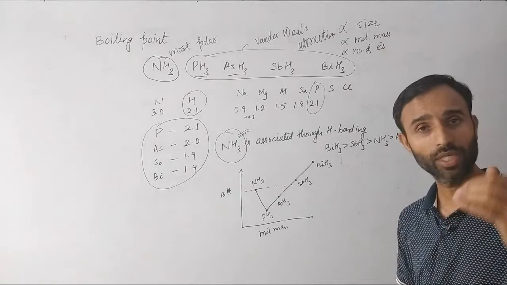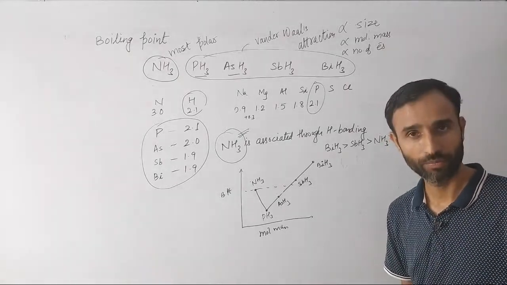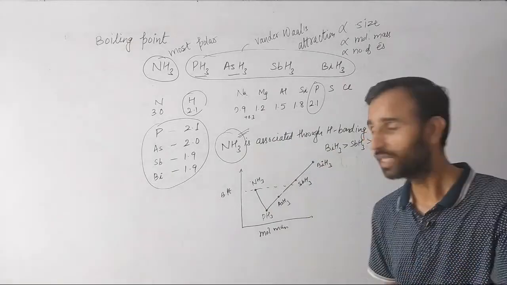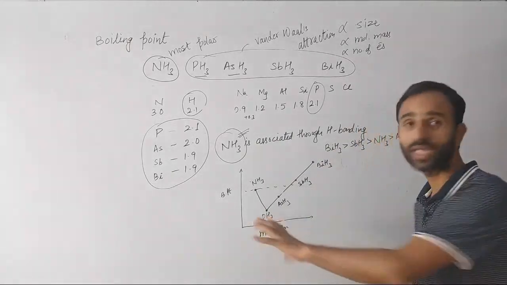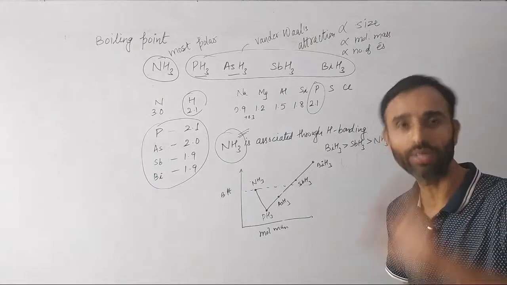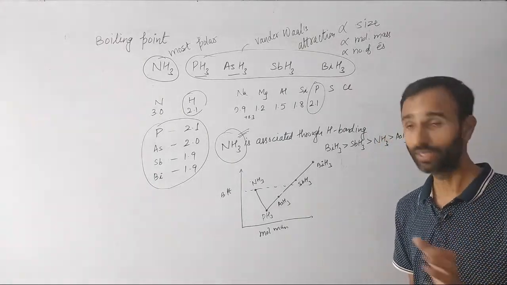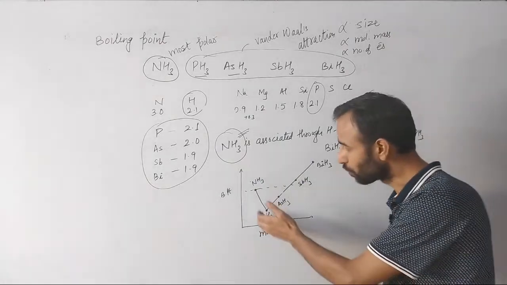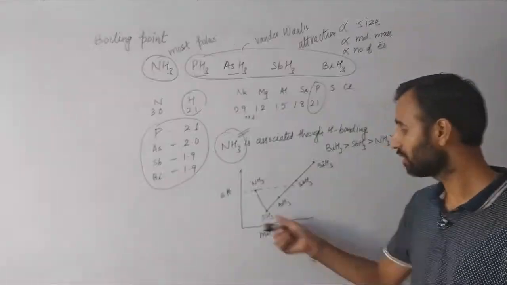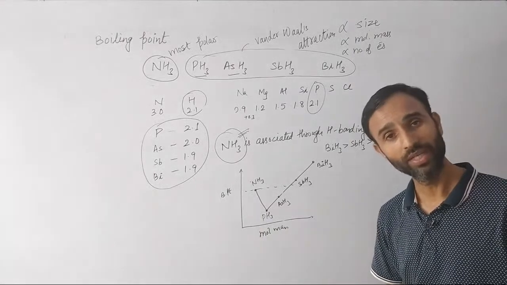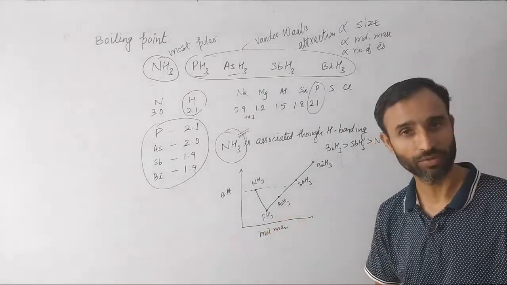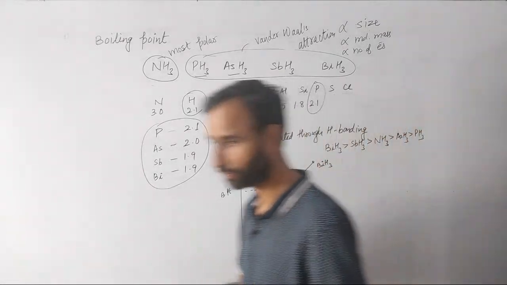If it were also non-polar and there was only van der Waals attraction, then NH3 should have the lowest boiling point. But because ammonia is associated through hydrogen bonding, its boiling point is higher than PH3 and even AsH3, meaning phosphine and arsine. Okay.